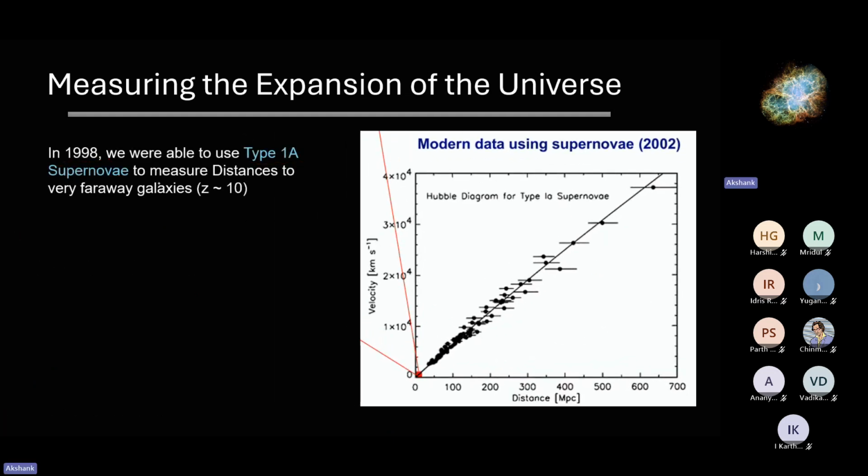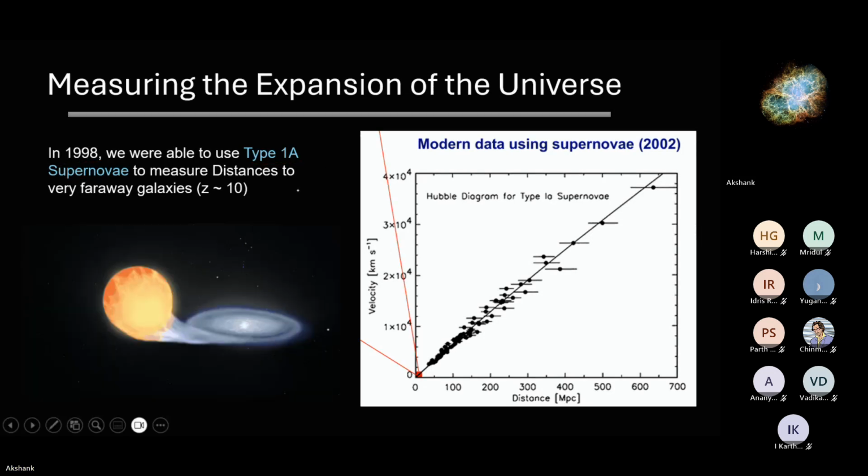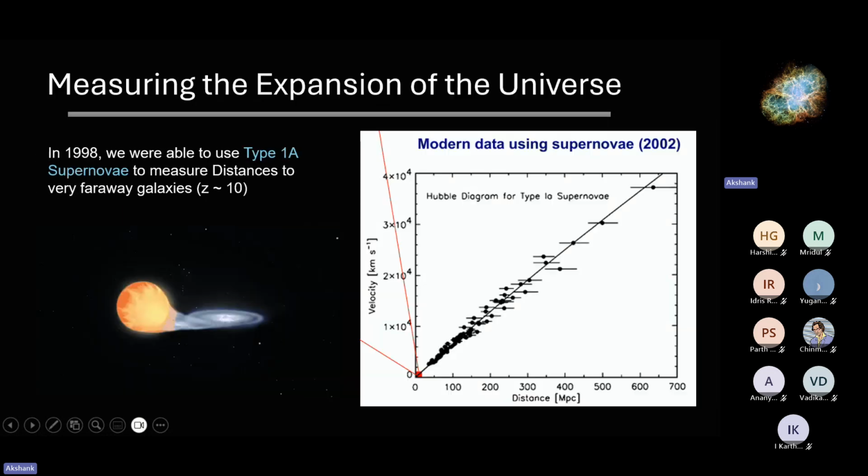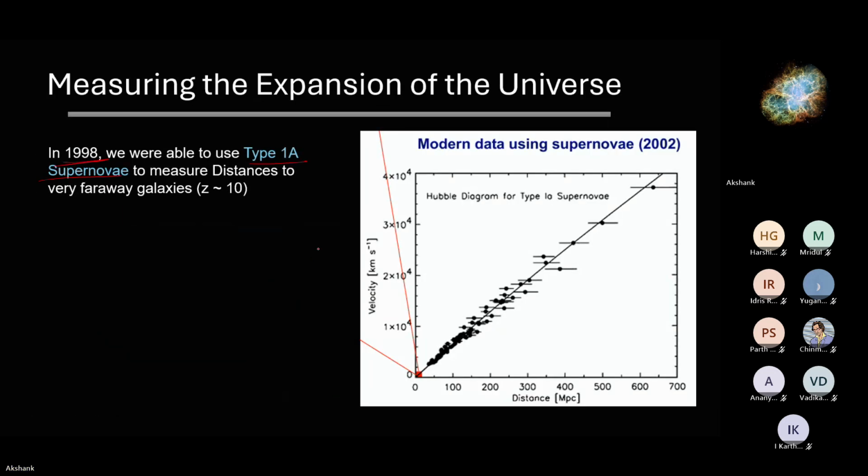There are many types of supernovas. You have supernovas of different kinds depending on their properties, mainly spectral properties.